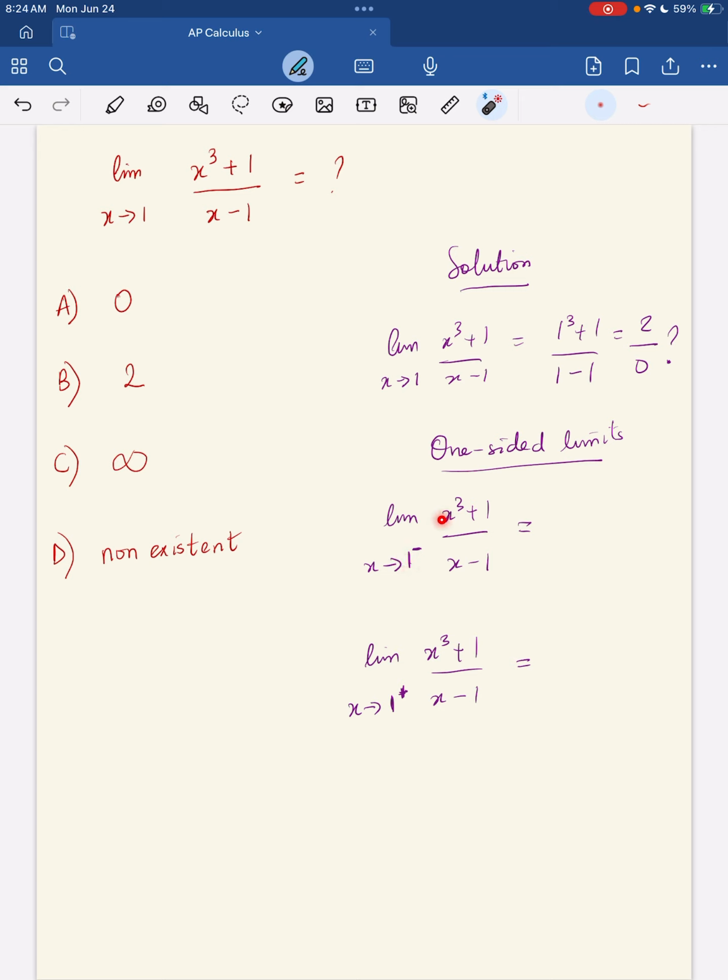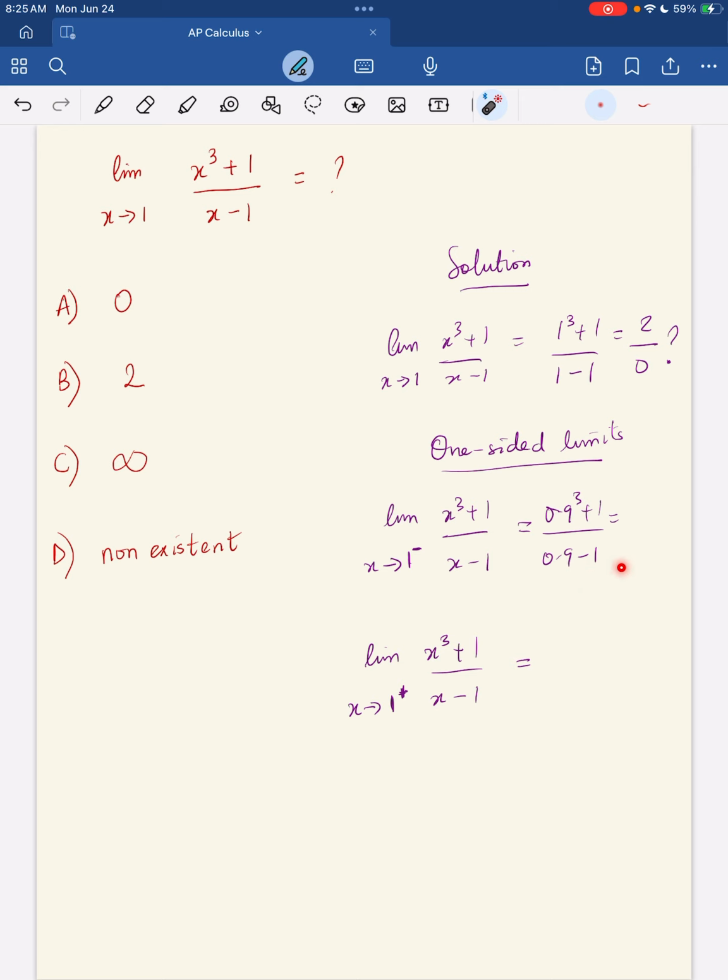So if you put a value of, for example, 0.9 here, just as an example, 0.9 cubed plus 1 divided by 0.9 minus 1, you are going to get a valid value. You would always have a value here, and it will be negative because the denominator is negative, because 0.9 minus 1 is negative 0.1.